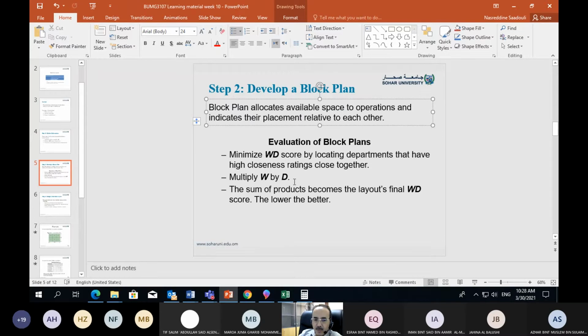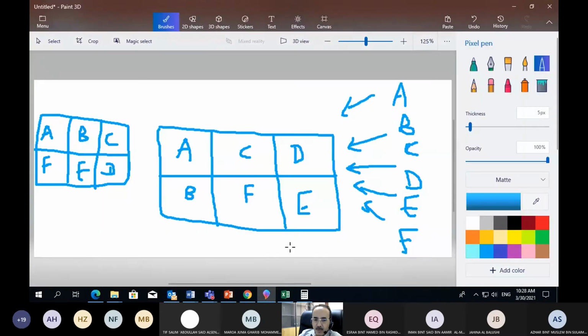The way to do this is that for each block plan, we will determine the distance from each department to the other. We already have the weights, and then for every combination, I determine the corresponding W times D score.